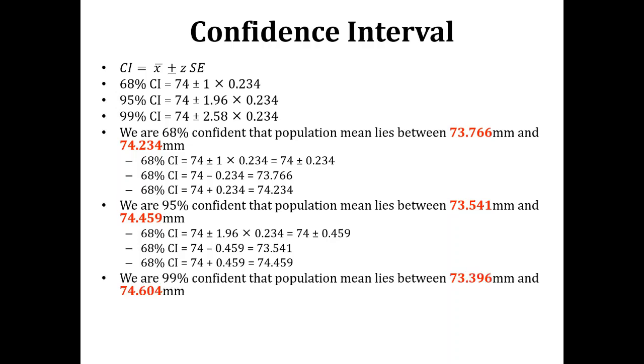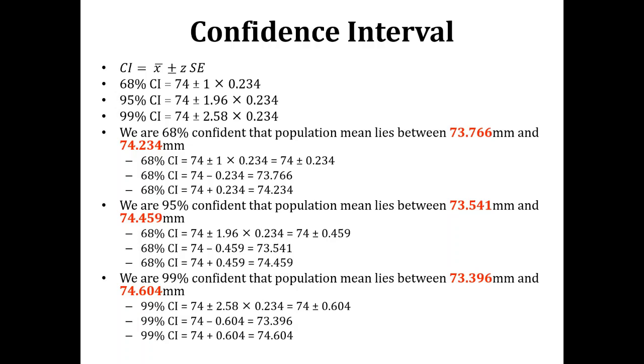And then we calculate the 99% confidence interval, and for that purpose we use the z-value of 2.58. So when we multiply standard error with the z-value of 2.58, we get the value of 0.604, and we add and subtract this value from the mean value, and we get the value of 73.396, which is the lower limit of this confidence interval, and we get the value of 74.604, which is the upper limit of this confidence interval, right?